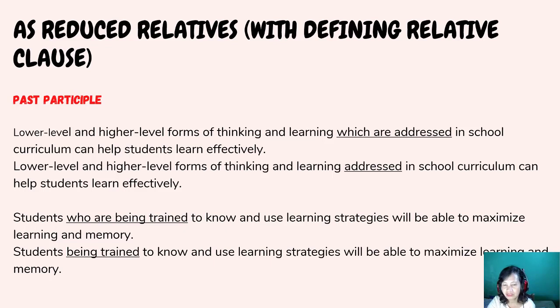If you have being trained here, it means that the tense is continuous. Students being trained to know and use learning strategies will be able to maximize learning and memory. So don't forget, if it is continuous tense, you have being here for passive.